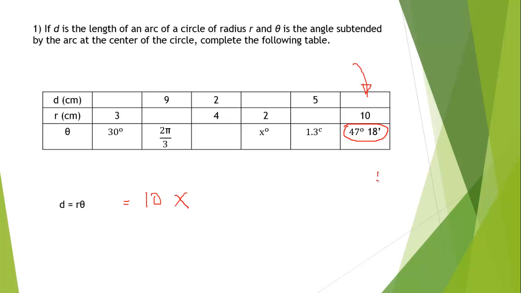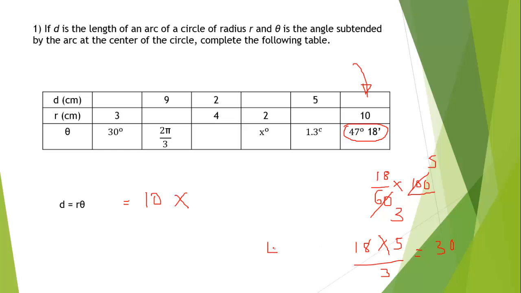To do that, we need to find the decimal value of 18 minutes. So we take 18 over 60 and multiply it by 100, since there are 60 minutes in 1 degree, and to get it in decimal values, we do this step. So we get 18 times 5 over 3, which is 30.